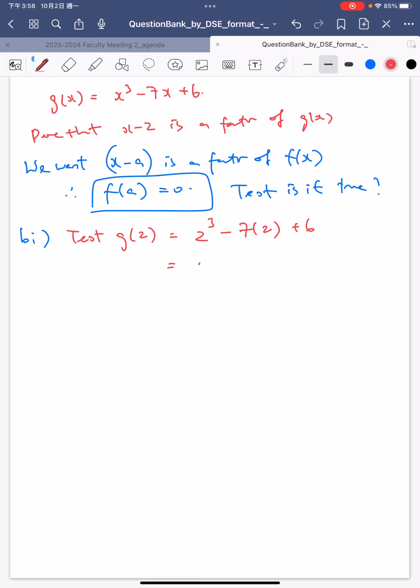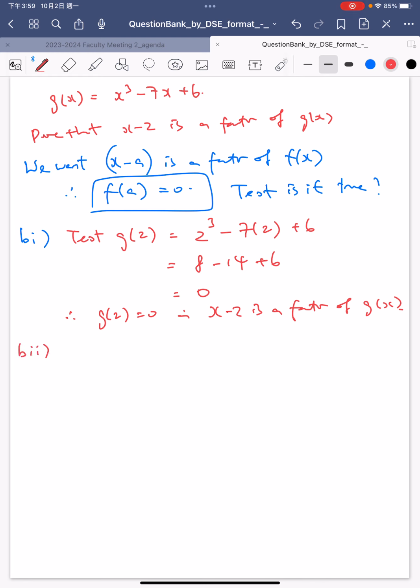Then 2 cubed gives you 8, minus 7 times 2 gives you 14, plus the 6. And it's actually equal to 0, so g of 2 is equal to 0, so x minus 2 is a factor of g of x.